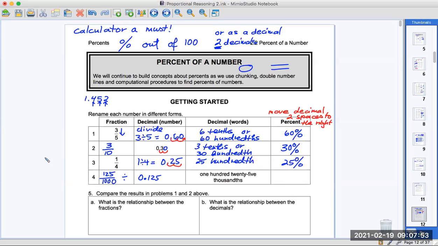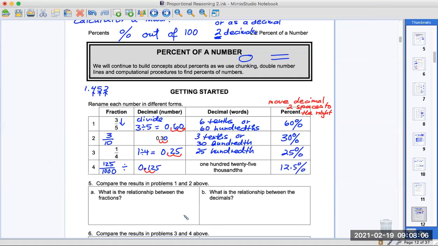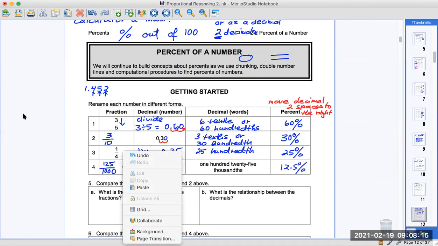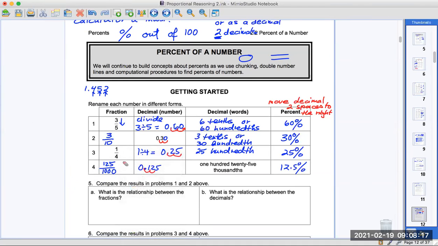And that would be, if I move my decimal 2 spaces to the right, 12.5%. And if we reduce or simplify this fraction, I want you to know that 125 over 1,000 reduces to, you can divide top and bottom by 25 and you're going to get 1/8.